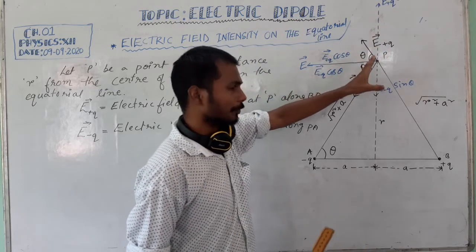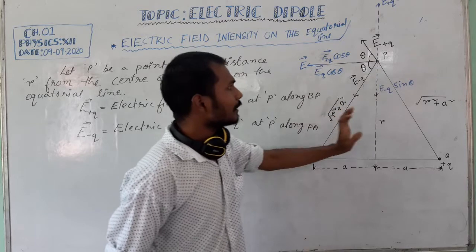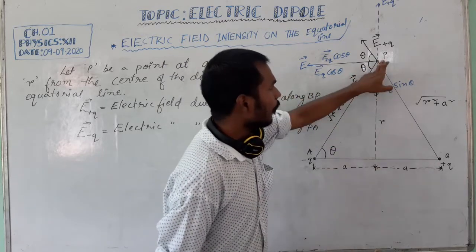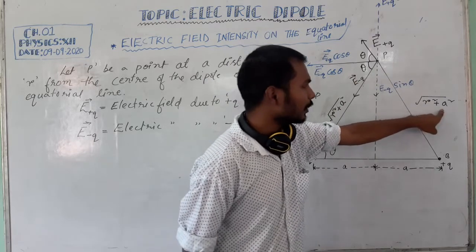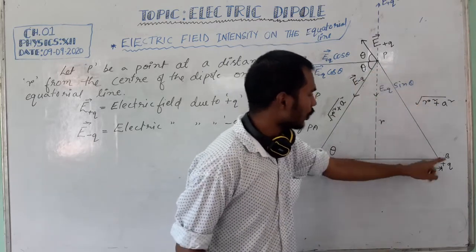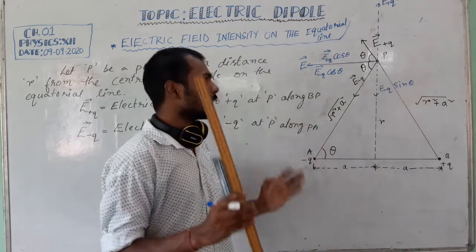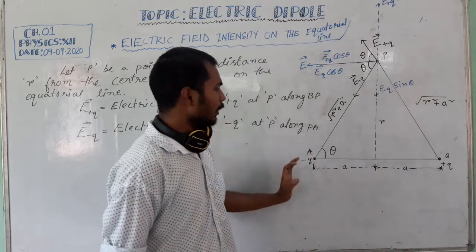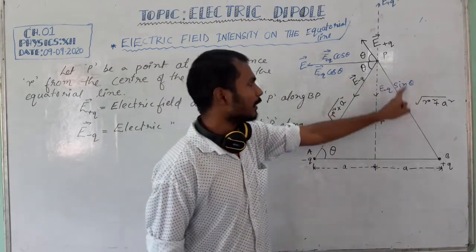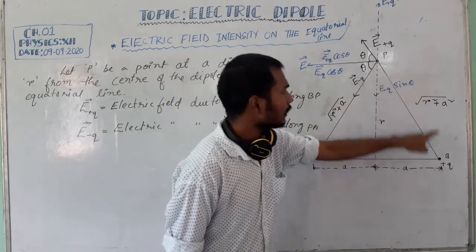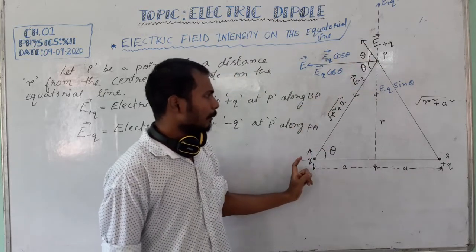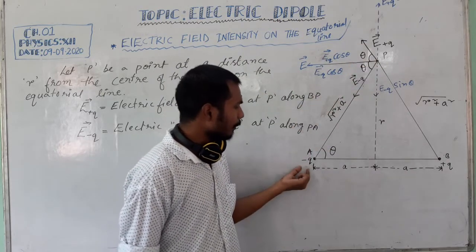They will be reduced. Now see what is the value of this electric field at this point due to this charge. This point is at a distance root over r square plus a square from this charge, and this charge is the same distance. In an electric dipole the magnitudes of the two charges are also the same. So the magnitude of the electric field due to this charge at this point is the same as the magnitude of the electric field due to this minus charge at this point.